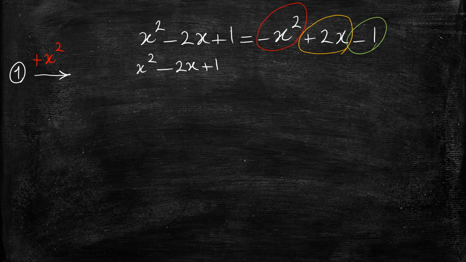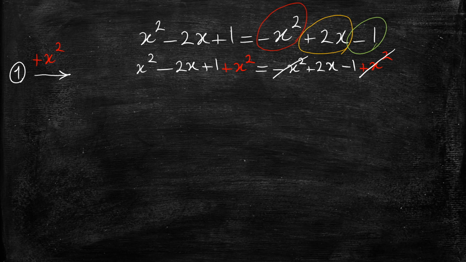Now I add the x squared to the left hand side. I write the right hand side, minus x squared plus 2x minus 1. Now I also add the positive x squared to the right hand side to maintain the balance. So this negative x squared and positive x squared cancel.